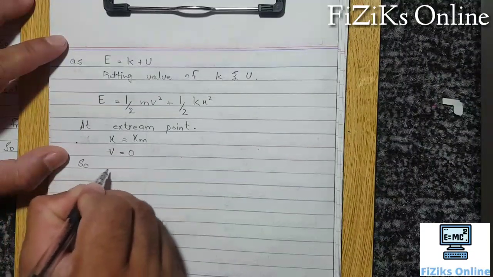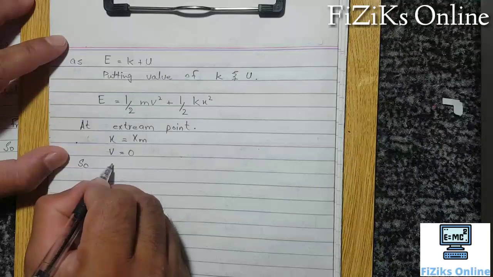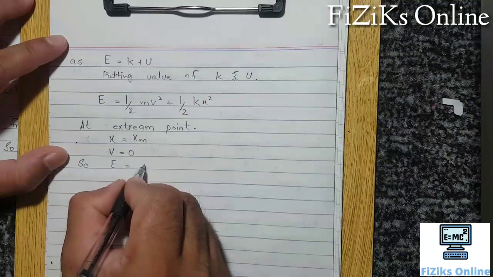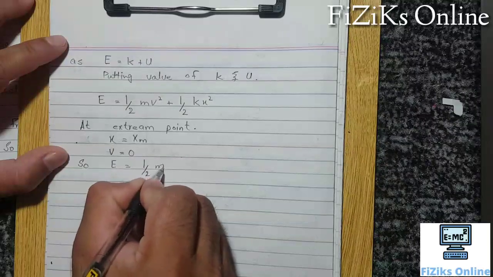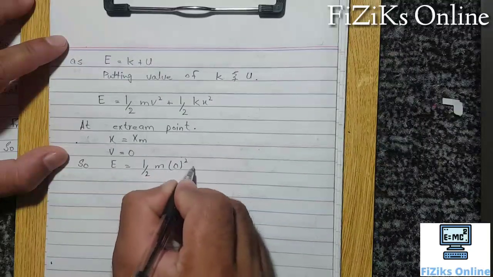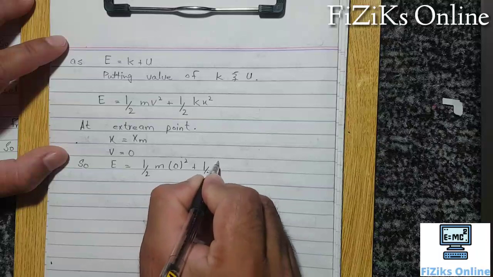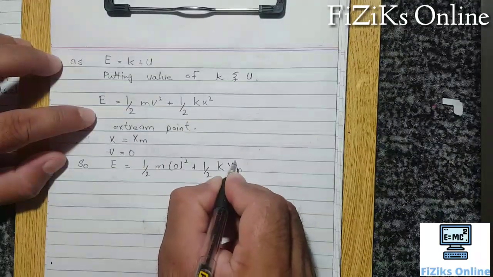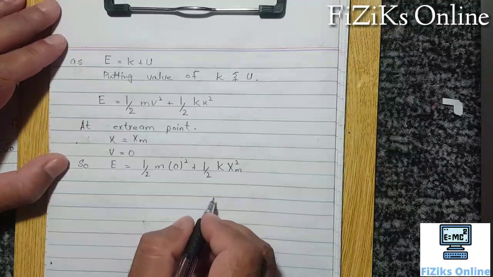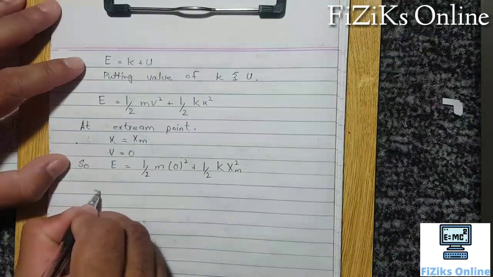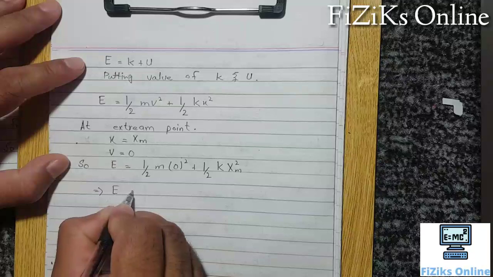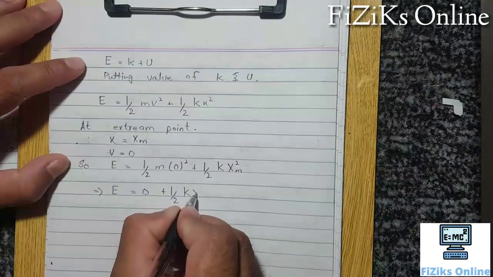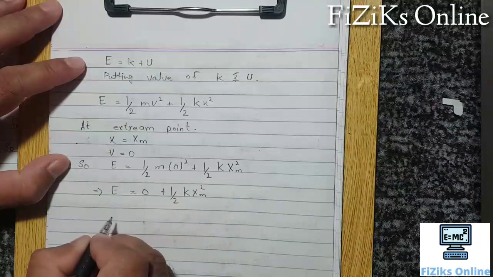So E equals half m into 0 square plus half k, where x is xm, so xm square. This implies that E equals 0 plus half k xm square.